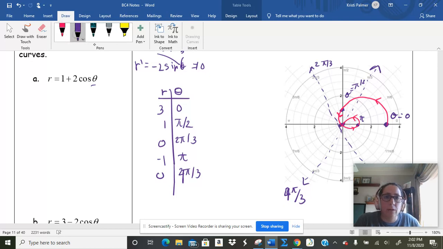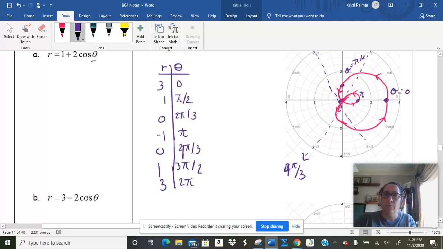And now I'm going to plug in my 3 pi over 2. That gives me 1. And are you seeing the symmetry here? Then we can go to end it. And if I plug in the 2 pi, I am back to 3. Okay, so that's one loop, and hopefully yours looks a little bit prettier than mine. But here is the graph of that polar equation.